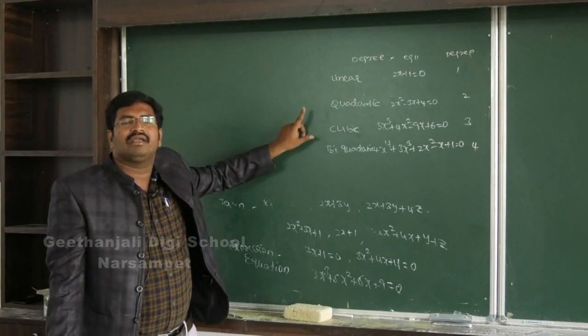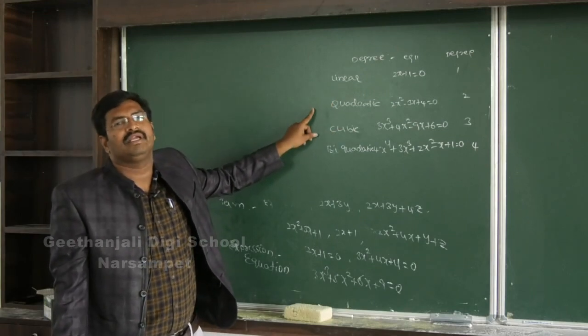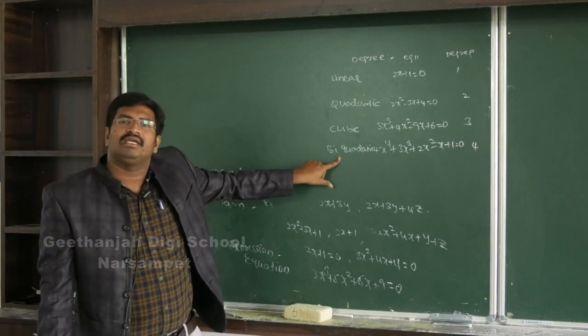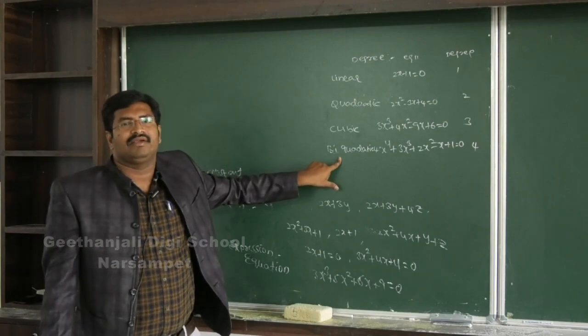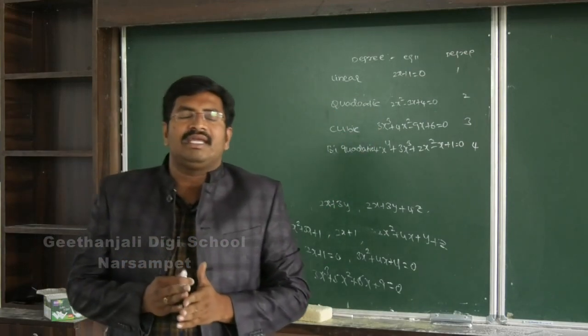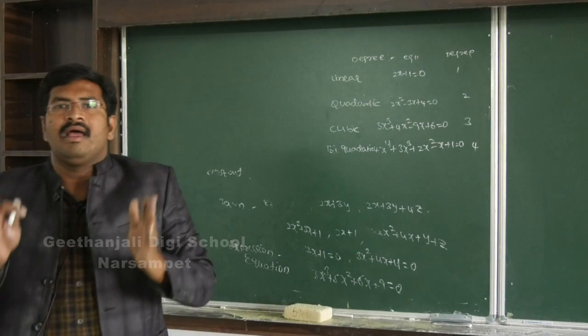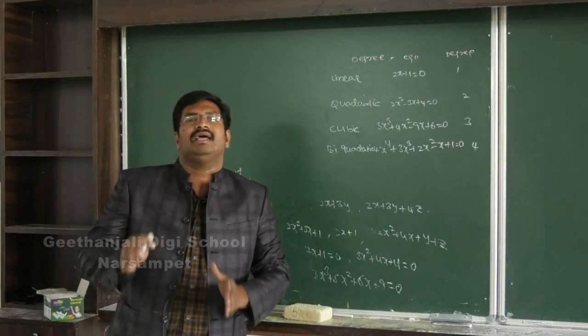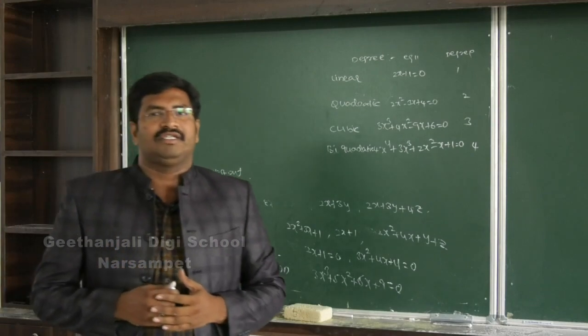The third can be called a third degree equation or cubic equation. The fourth can be called a fourth degree equation or biquadratic equation. Up to degree 4 we have specific names. From fifth degree onwards there is no specific name; we call the equation by its degree, nth degree equation.